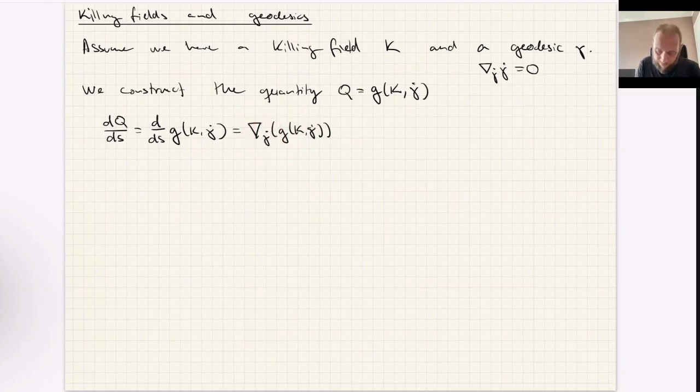So I have one term where I act on the metric, and I get a new two-tensor back that takes K and gamma dot as its arguments. I have another term when the derivative acts on the Killing field, with gamma dot, and finally I have one term where the derivative acts on the second argument.